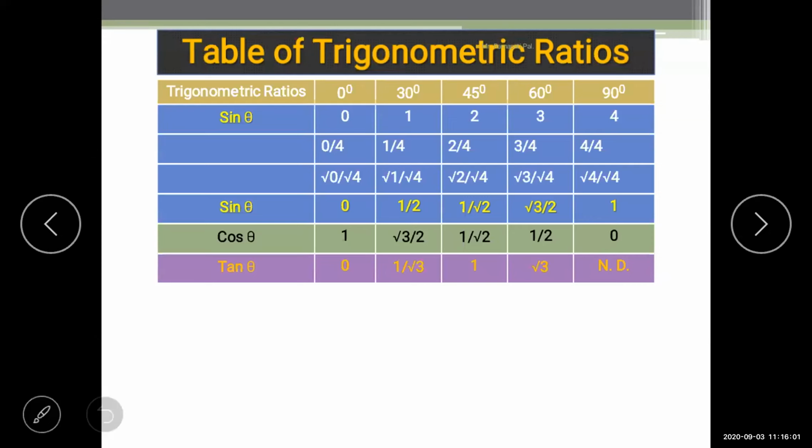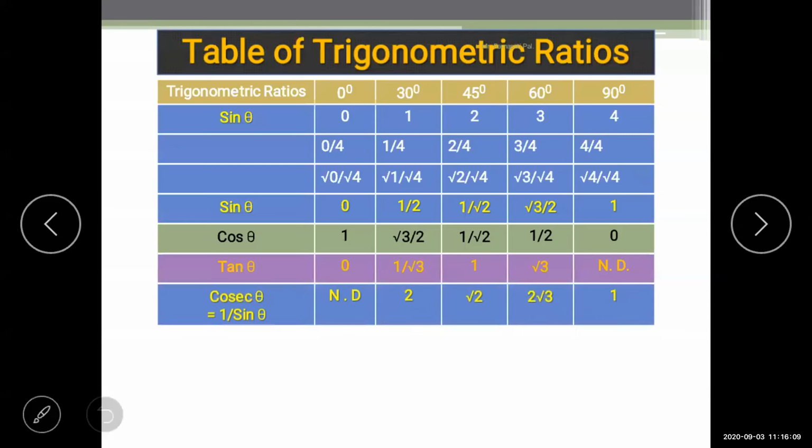Now come to cosec theta. Cosec theta is the reciprocal of sine theta. So cosec theta is equal to 1 upon sine theta. Now if you take the reciprocal, sine 0 degree is 0 upon 1.